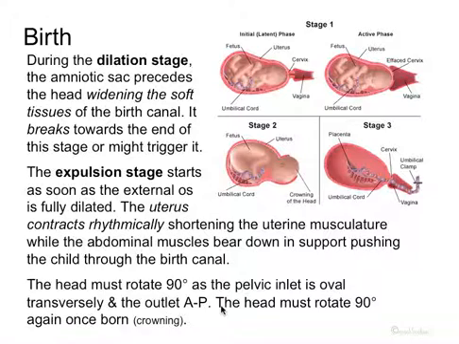During the birth we have a dilation stage, and that's when the soft tissues widen and dilate, and as soon as they're fully dilated we have an expulsion stage, and that's when the uterus contracts rhythmically and shortens due to musculature while the woman bears down and contracts the abdominal muscles.